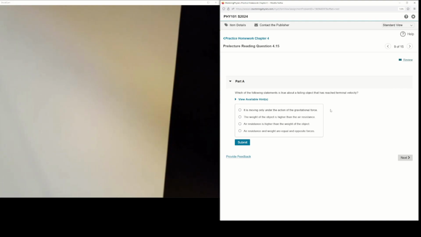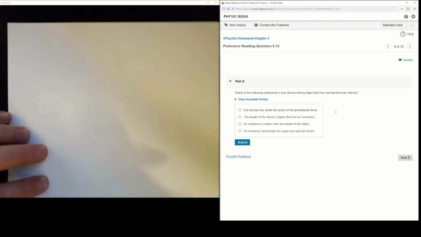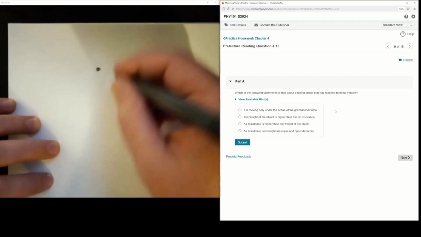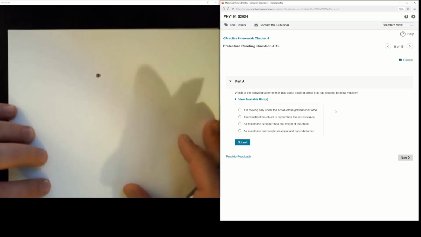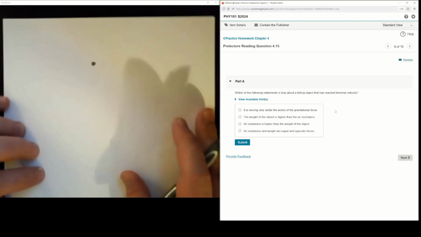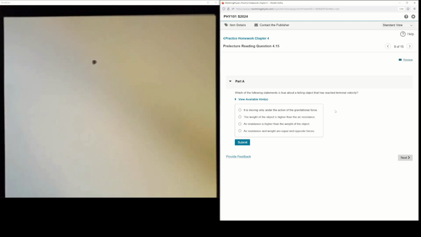So which of the following statements is true about a falling object that has reached terminal velocity? Oh, I guess I missed that in the book. So air resistance, I'm just thinking about it because air resistance is actually pretty complicated mathematically.